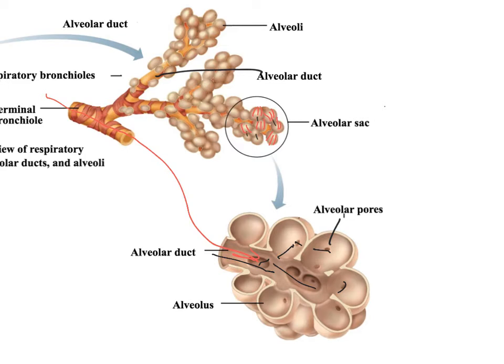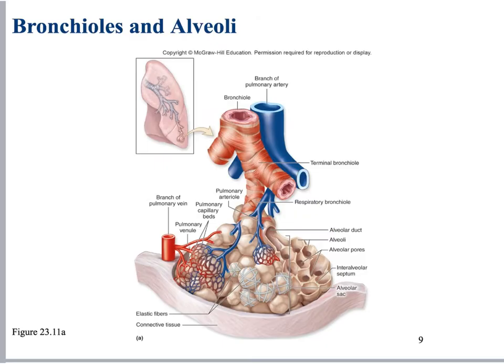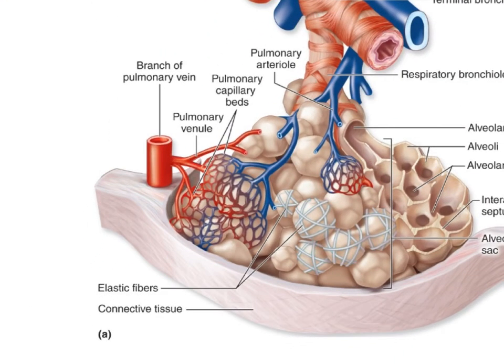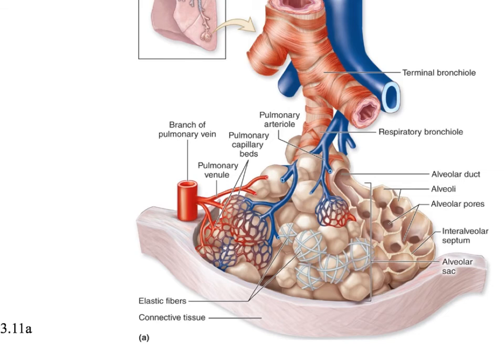So our capillary would be out here, and gas exchange would occur between there. This is CO2 out, and O2 in. You'll see some more pictures of that in a little bit. This is what the capillary beds look like: a little netting that surrounds each of the alveoli, which allows for gas exchange.